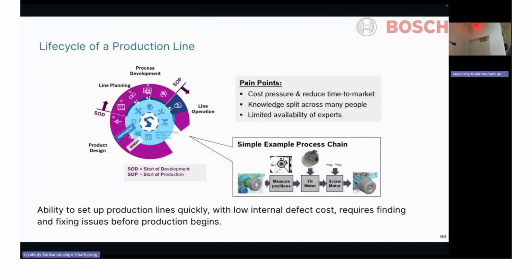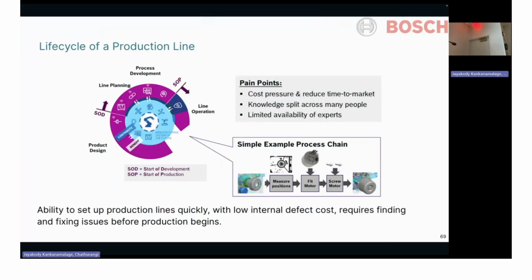When we think about products, a lot of design goes into engineering a product, but a lot also goes into the processes for constructing that product. So this is the production line. As far as pain points, of course, we want to reduce the cost of producing any product. This gives us more revenue. We need to reduce the time to market to get it there faster.